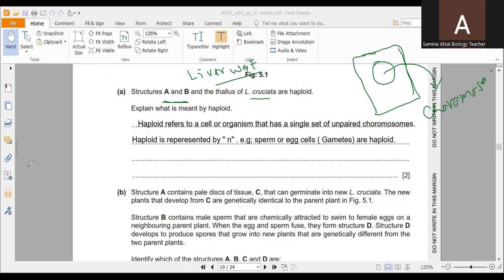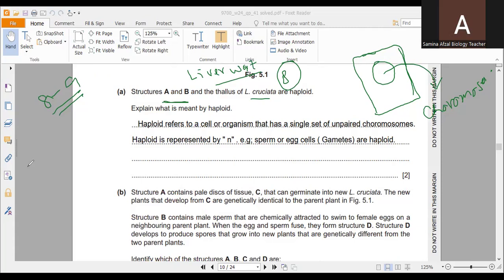And here you know, students, that the chromosome number is specific for each species of plants and animals. Here we are talking about the liverworts. The liverworts range from 8 to 9 in chromosome number in different species. So in this case, for Lunularia cruciata, the chromosome number can be 8.